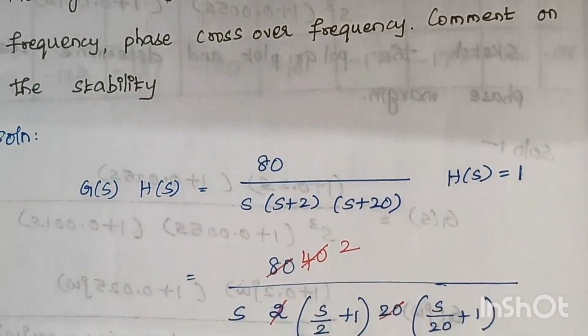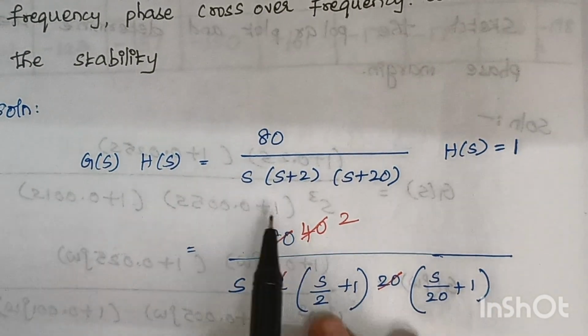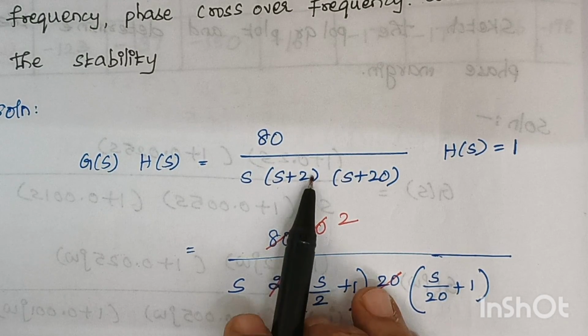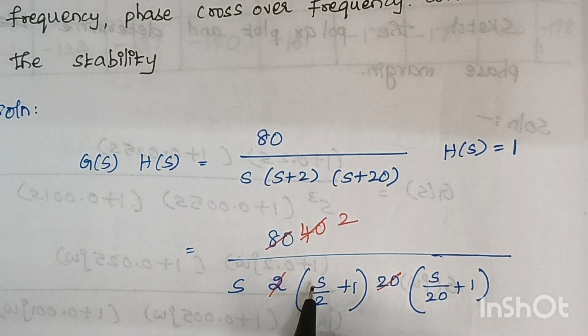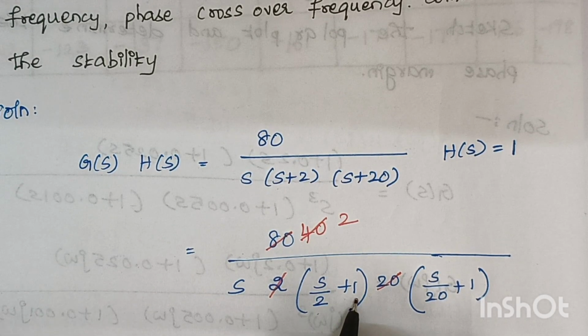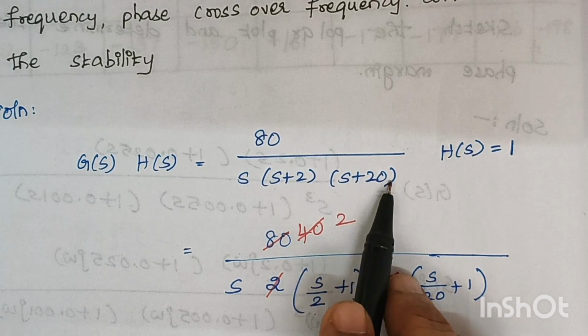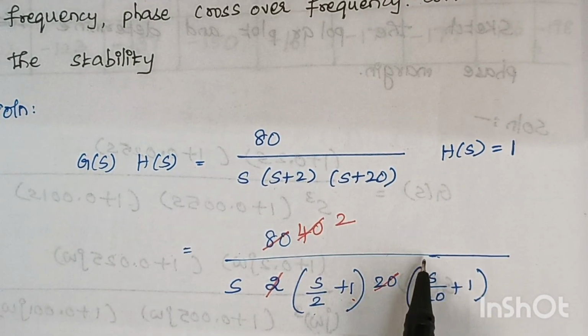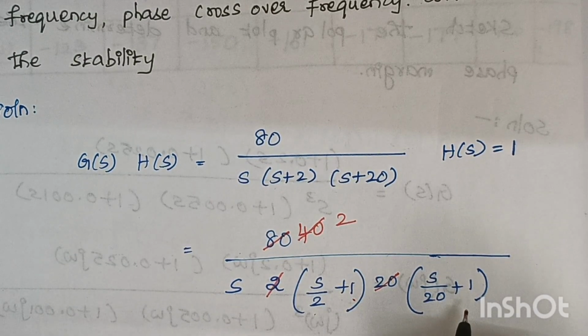The first thing is, in the denominator part we take the numbers outside. Here we have s plus 2, right? Here 2 is taken outside, so what happens? s by 2 plus 1, right? Similarly in s plus 20, 20 is taken outside, so the remaining term will be s by 20 plus 1, right?